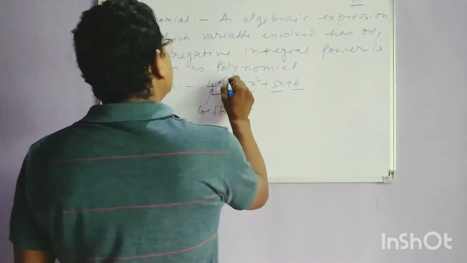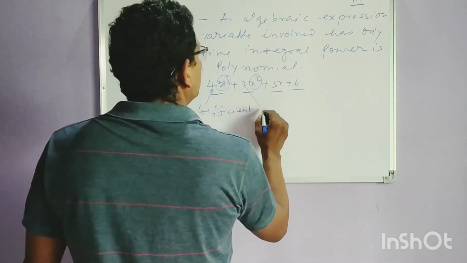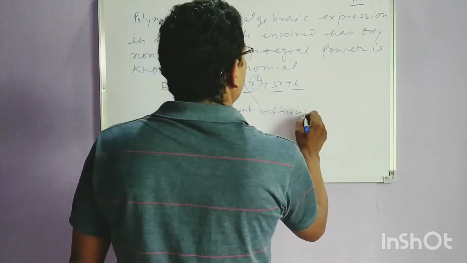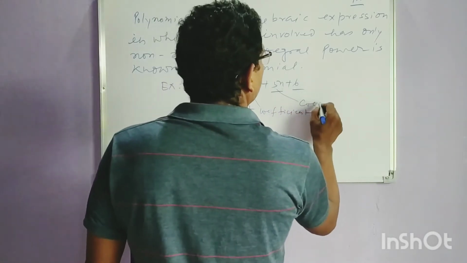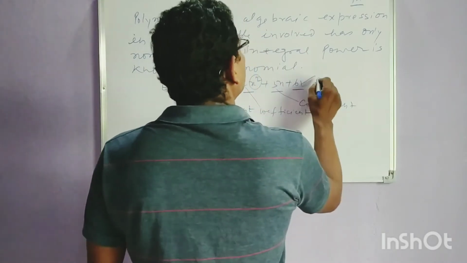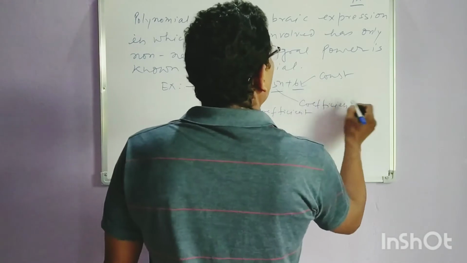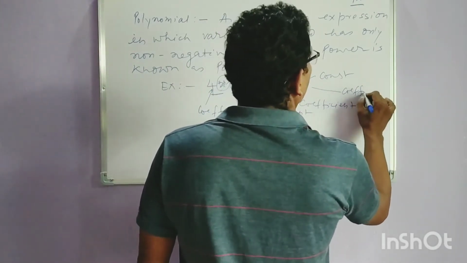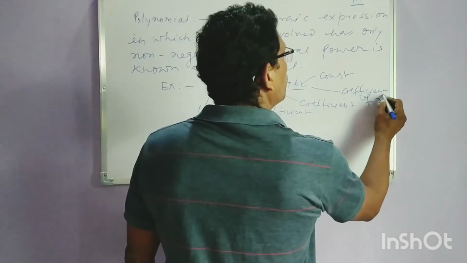So coefficient of x cube is 4. Similarly, coefficient of x square is 2. And coefficient of x is 5. And the constant is also the coefficient of x to the power 0.